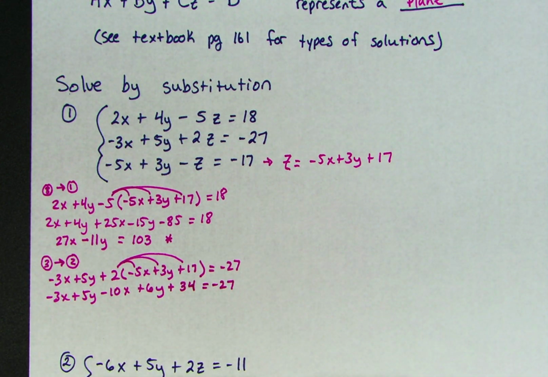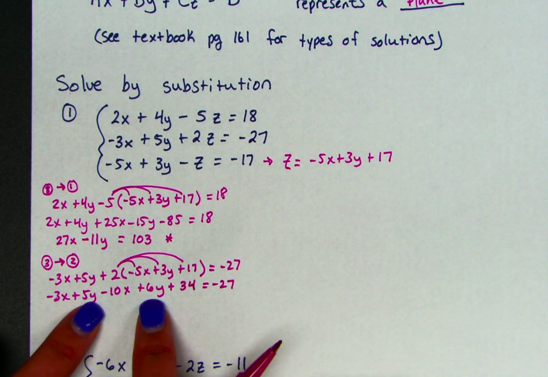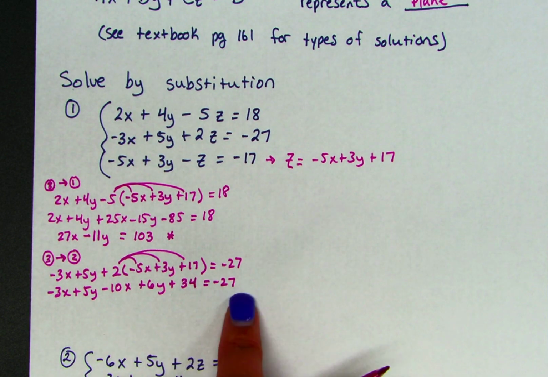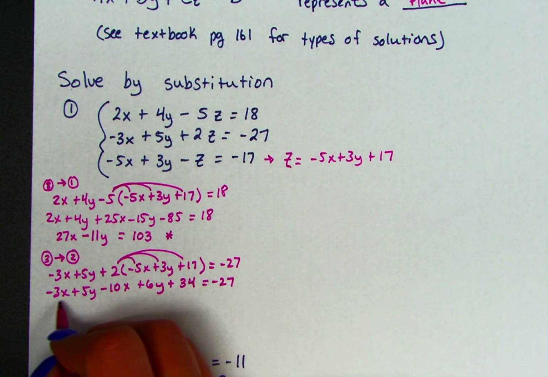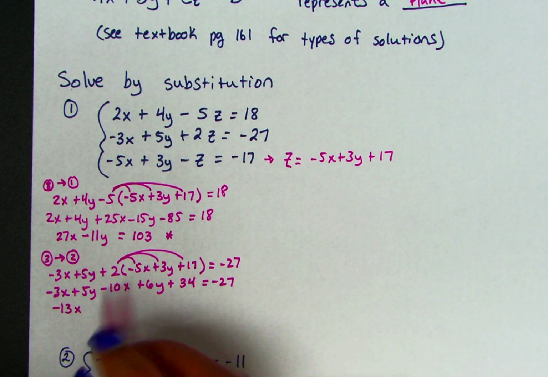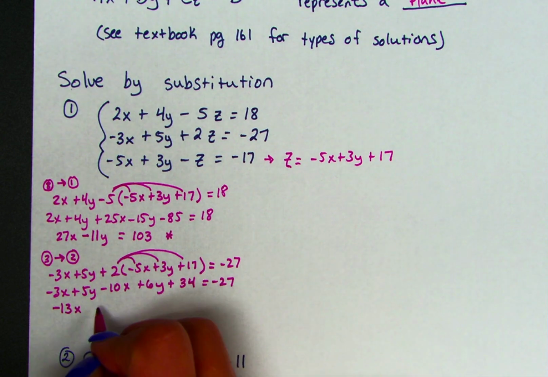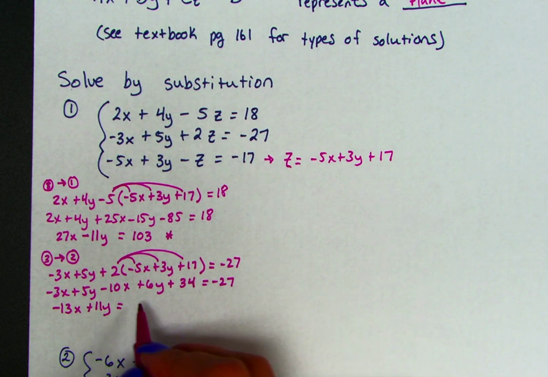Again, I am going to be combining the like terms, so combining the x's, combining the y's, and then subtracting that 34 over. Starting with my x's, that will give me a negative 13x, and then for the y's, I will have a positive 11y. And if I subtract my 34 over, that will give me negative 61.